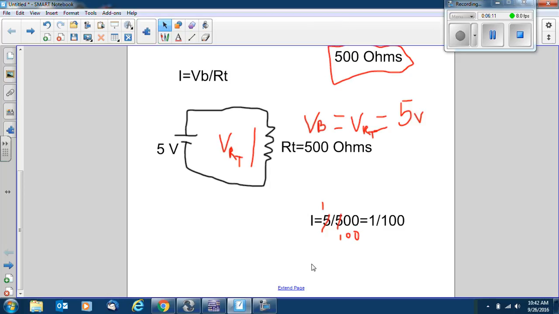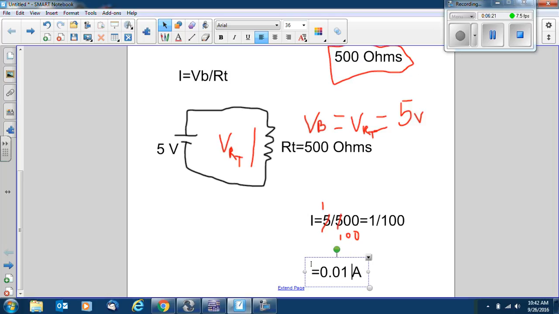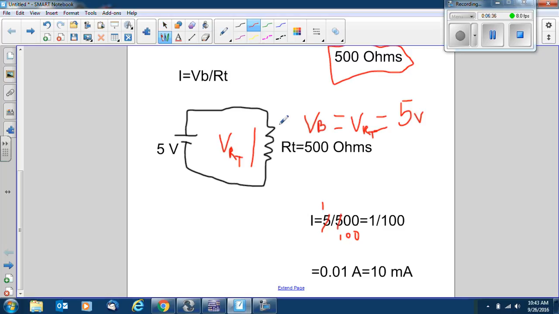Well, there is another way to write this number, and that would be 0.01. And the units are, of course, amps. And now I'm going to go ahead and convert this to SI notation. So I will get 10 milliamps. All right. Very straightforward. Now I have my I. This is great.